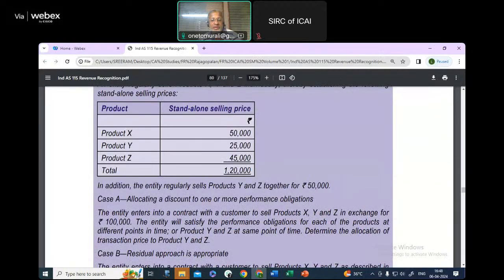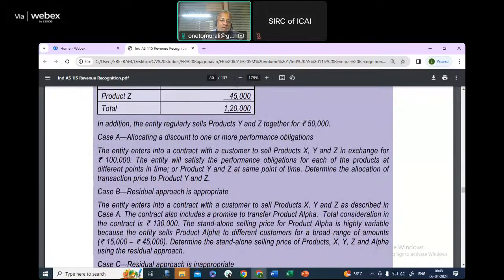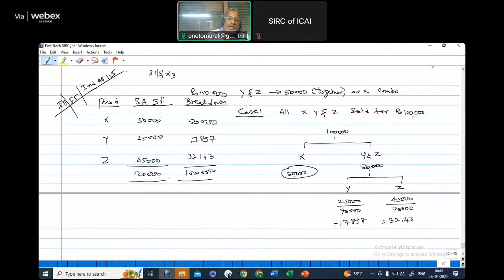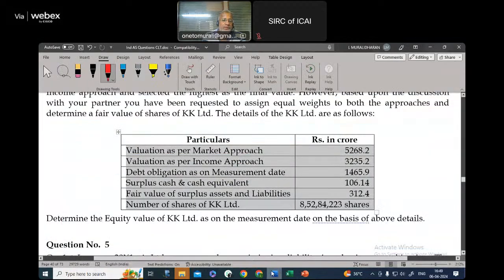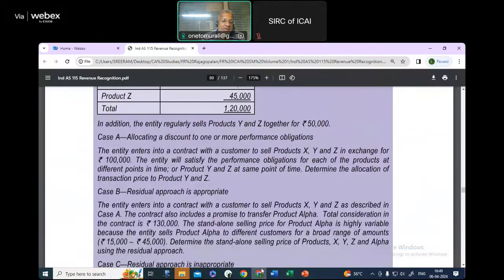So that is what determines the allocation of price to Y and Z, even X also. Next one, residual approach is appropriate. So case A we have done, case B, where residual approach is appropriate.